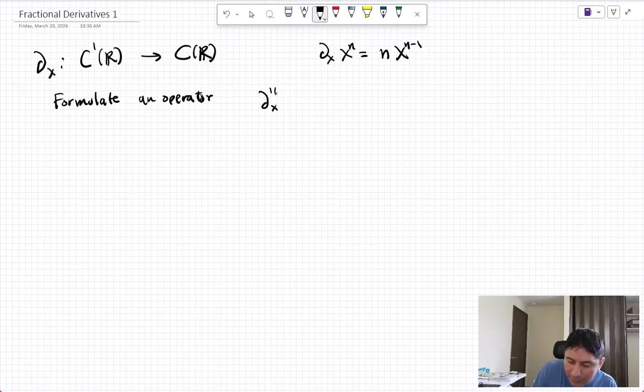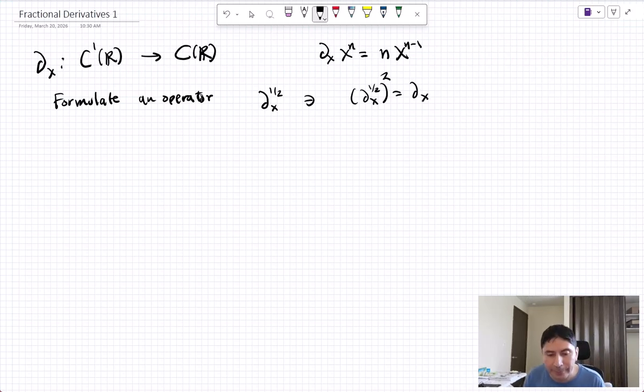D_x to the 1/2 is going to be the square root of the derivative operator, such that when you apply that operator to itself, you get the derivative operator. The approach that we're going to use is detailed in the following reference, which I'm going to show pretty soon.